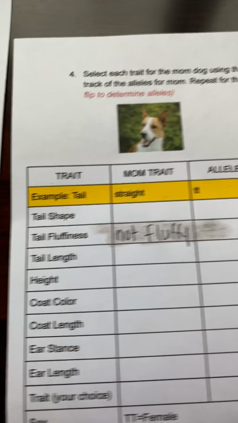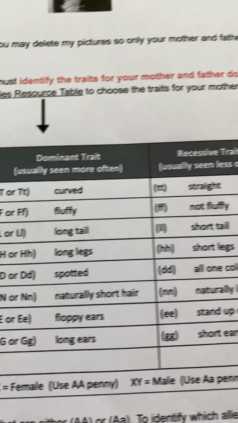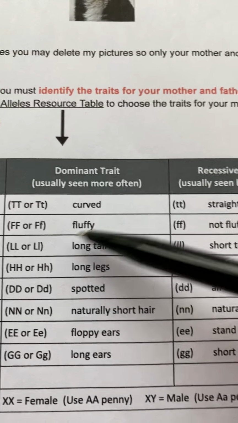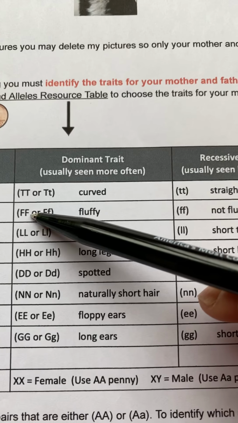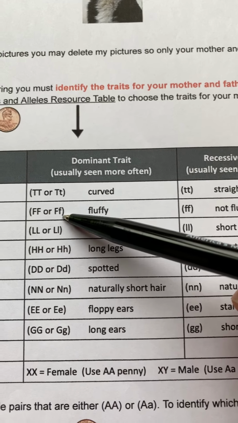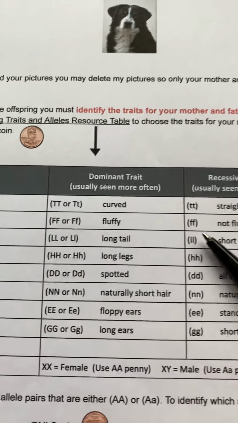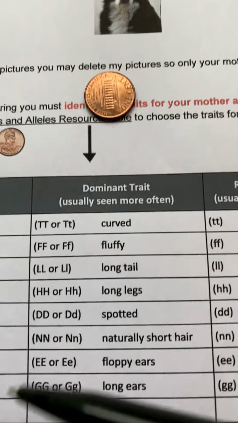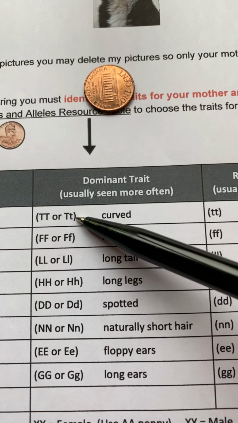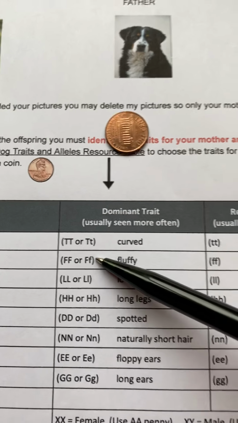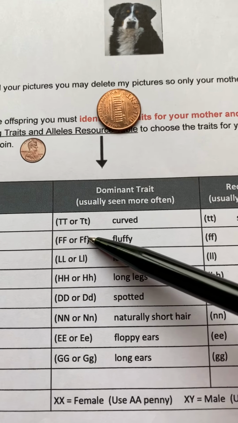I go back to my chart and I see that fluffy could either be 2 dominant alleles or 1 dominant and 1 recessive. So I have to flip my coin. I flip it and I get tails. So tails will be 1 uppercase and 1 lowercase. Oops, sorry, for fluffy, tails is 1 uppercase and 1 lowercase.